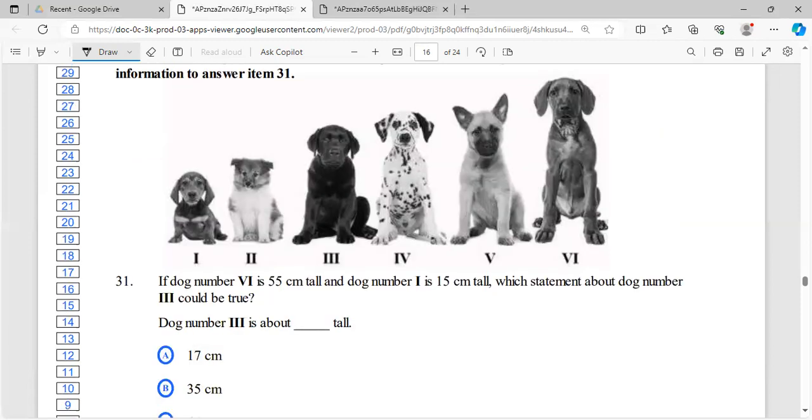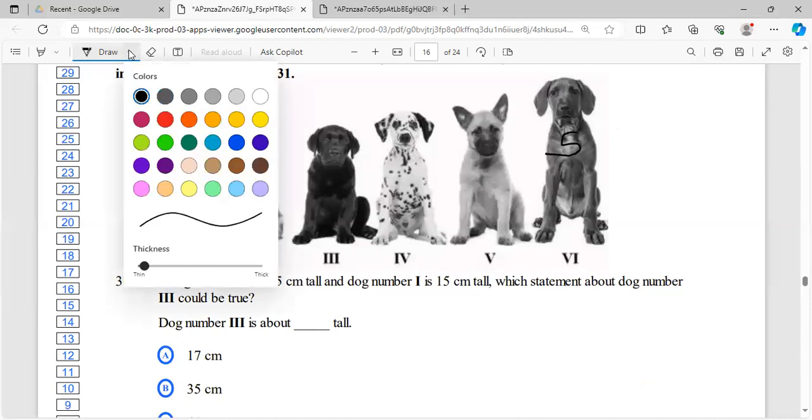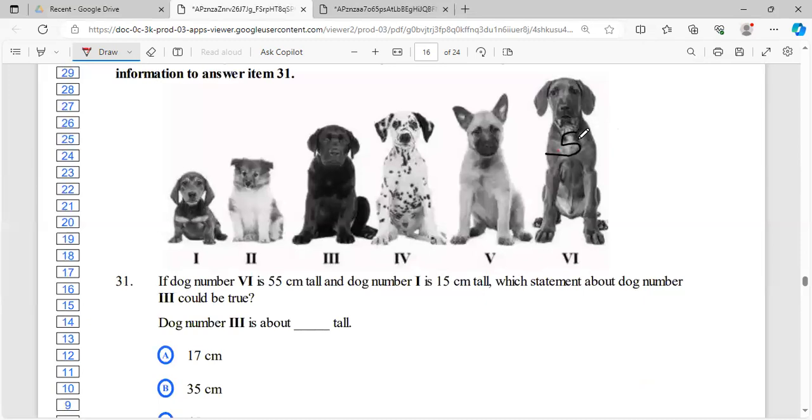If dog 6 is 55, sorry, wait, we change the color. So this is 55, and dog 1 is basically 15.